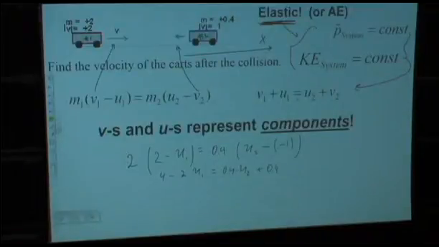Now, this equation, so again, 2 plus u1 has to be equal to u2 plus, and as we said again, that's supposed to be a component which is negative. So what can we do now?